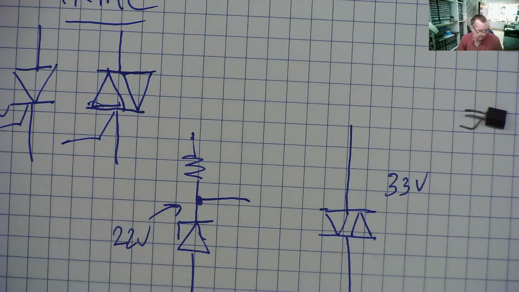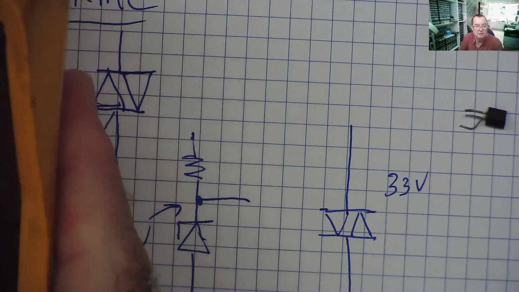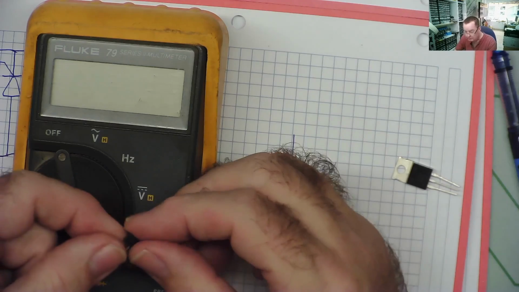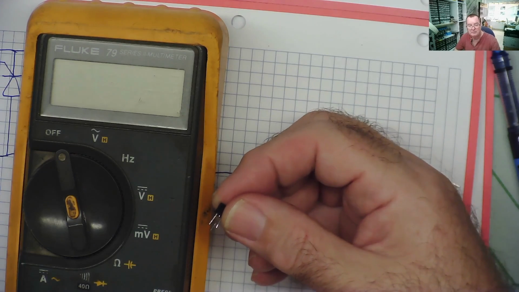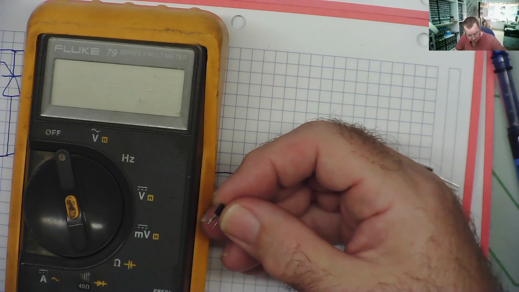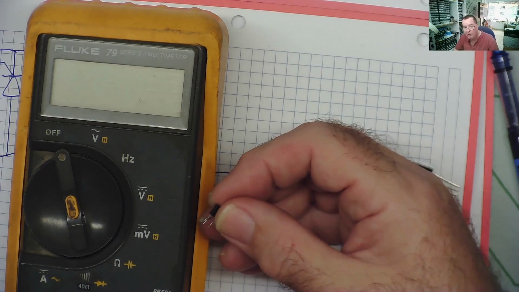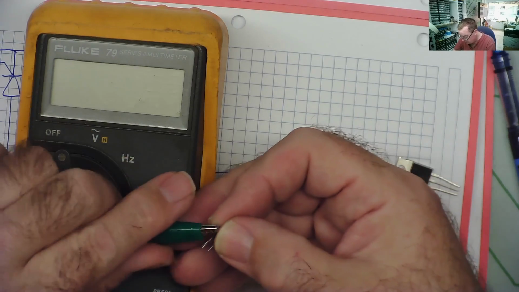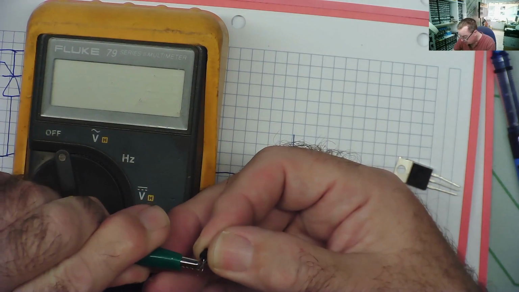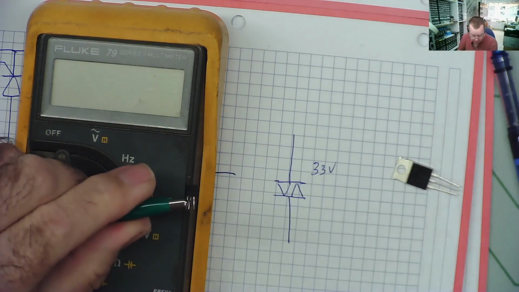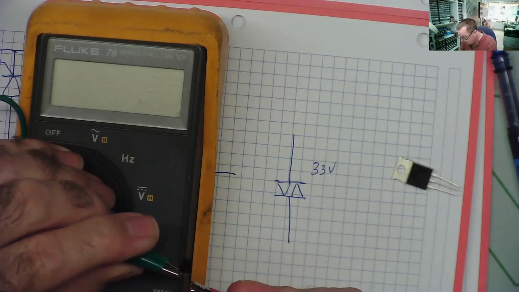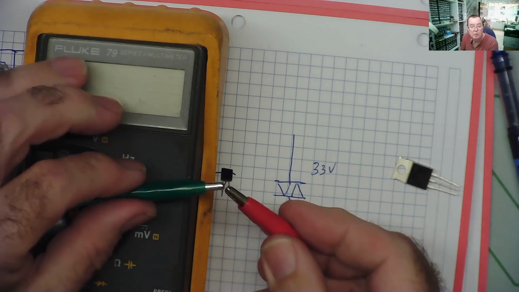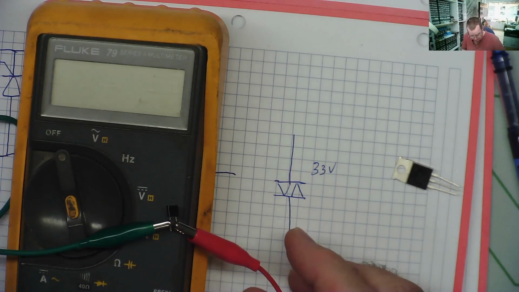What if you don't have a component analyzer, but you still need to test the thyristor? Okay, let's try it. It's easiest to do this with a few crocodile clip leads. So on this one, this pin is the cathode. Okay, this pin is the anode, and the one in the middle is the gate.